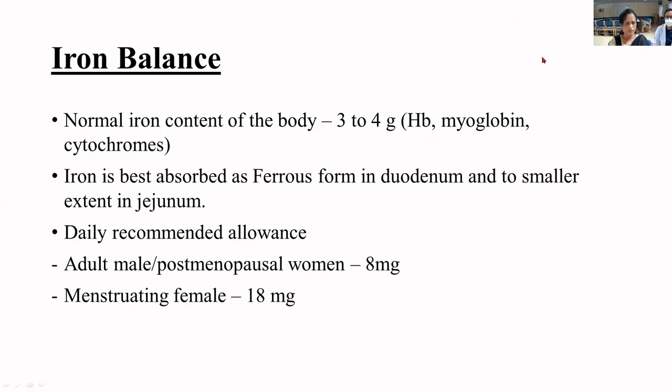Hemoglobin in the blood, myoglobin, cytochromes. So as hemoglobin is giving color, that's a pigmented protein in the RBCs. We see pigmented protein, myoglobin, in the muscles. Okay. So iron is best absorbed in the ferrous form. Where is it absorbed? Duodenum and, to a smaller extent, in jejunum.